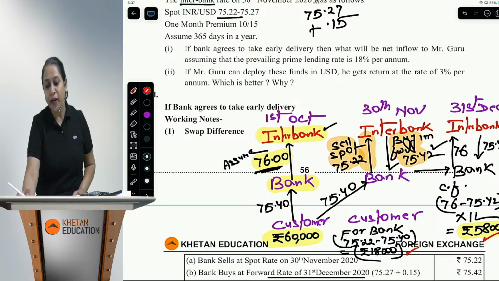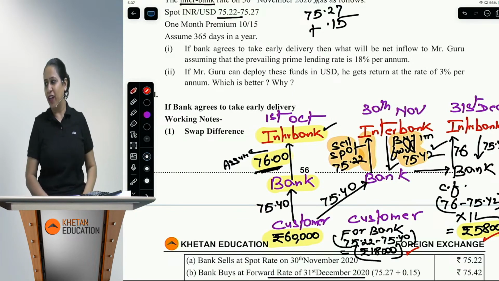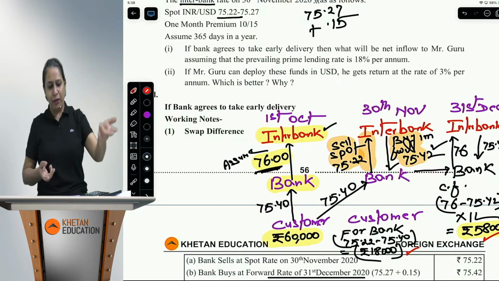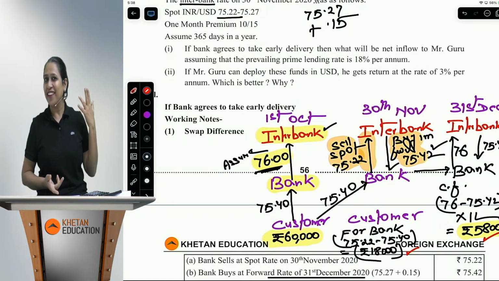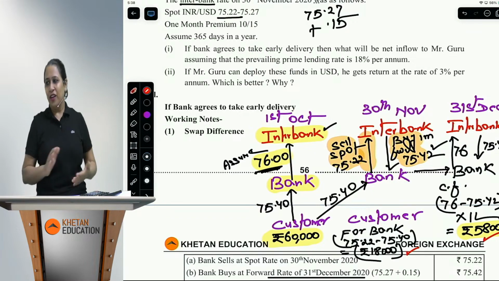The bank is already making 40,000, but it is supposed to make 60,000. What if the bank charges the customer a swap loss of 20,000? 40,000 in its books and 20,000 from the customer makes it 60,000. This is a magic basically.